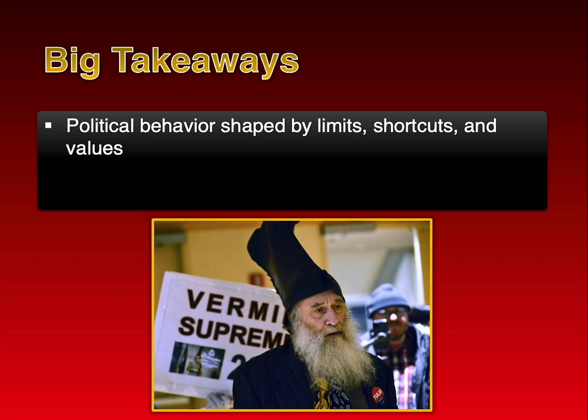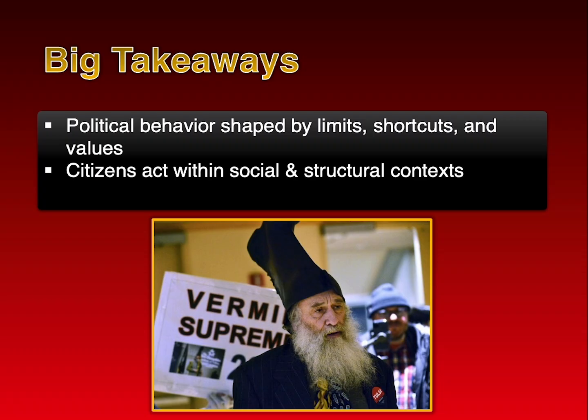So, some takeaways here. Political behavior reflects the intersection of cognitive limits, heuristics, those mental shortcuts, values, and social identities. Citizens rarely act as fully rational actors. Instead, they rely on those shortcuts, values, and group attachments to navigate politics. Socialization and structural factors further shape their engagement, creating inequalities in political participation.